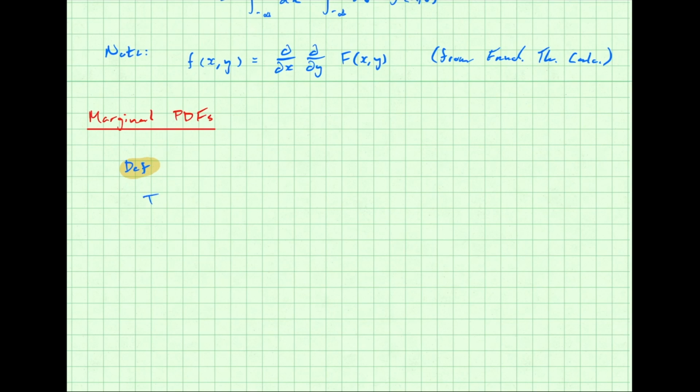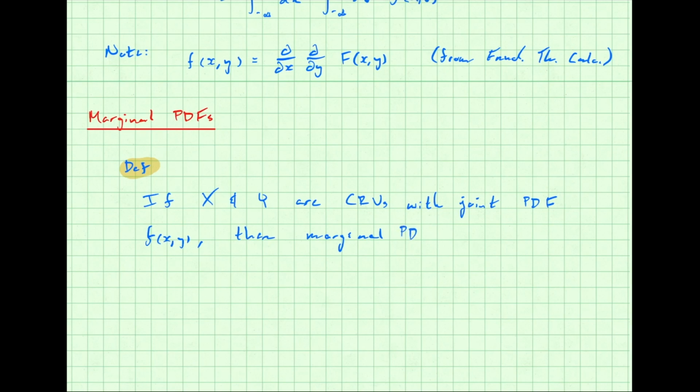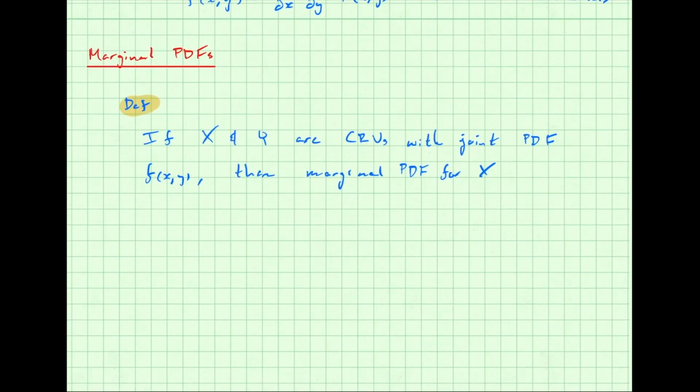So if x and y are continuous random variables with a joint PDF, in the usual notation, then the marginal PDF for x is the following.